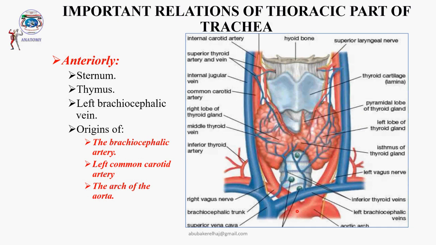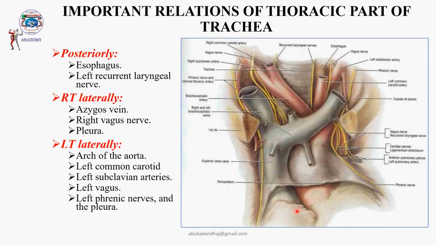the superior mediastinum. The superior mediastinum is the most crowded area, which has important relations to the terminal part of the trachea, at the level before the bifurcation of the trachea in the thoracic part. Posteriorly it also has most important relations: the arch of the aorta, the left common carotid artery and left subclavian artery, and also the left vagus and the left phrenic nerves and the pleura.